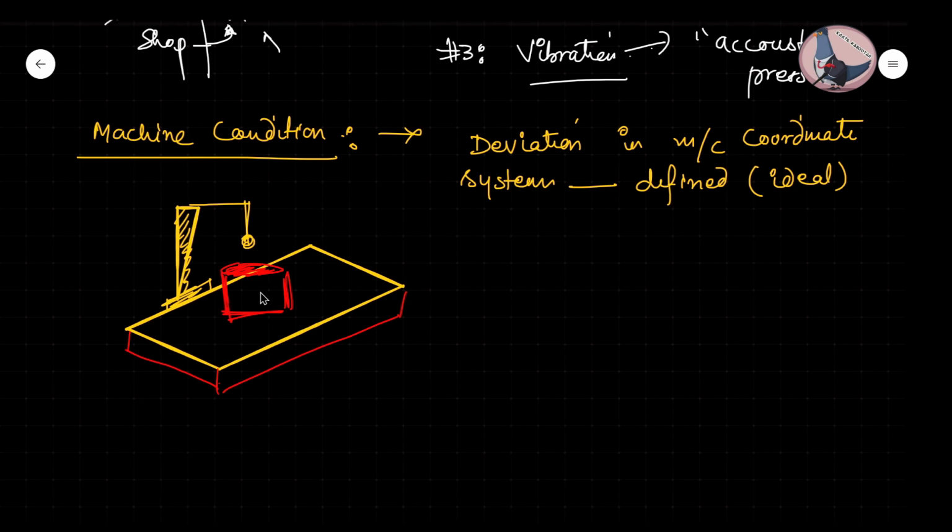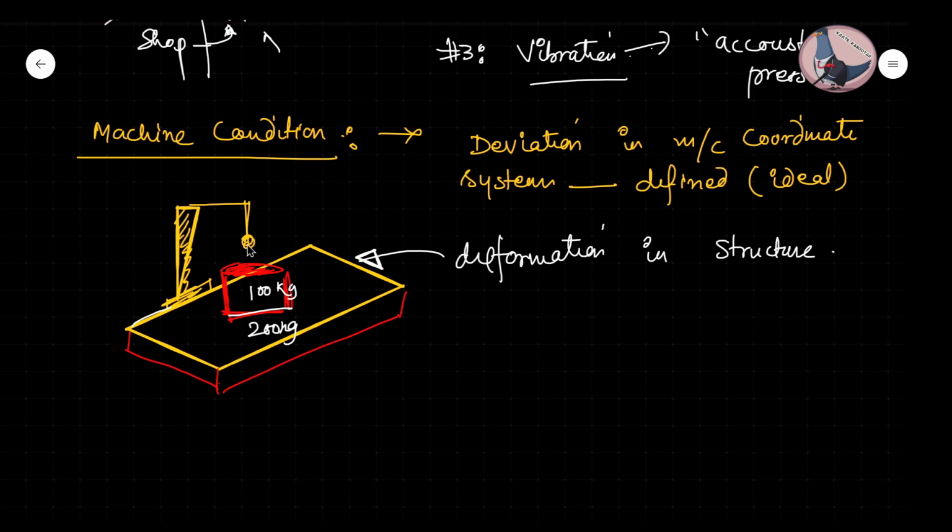Last class also I was talking about this. Suppose if you are keeping more than the rated weight, if this machine is rated for 100 kg and you are placing a job of 200 kg, then what will happen? Then there will be deformation in this structure, and this deformation in structure will cause improper measurements.